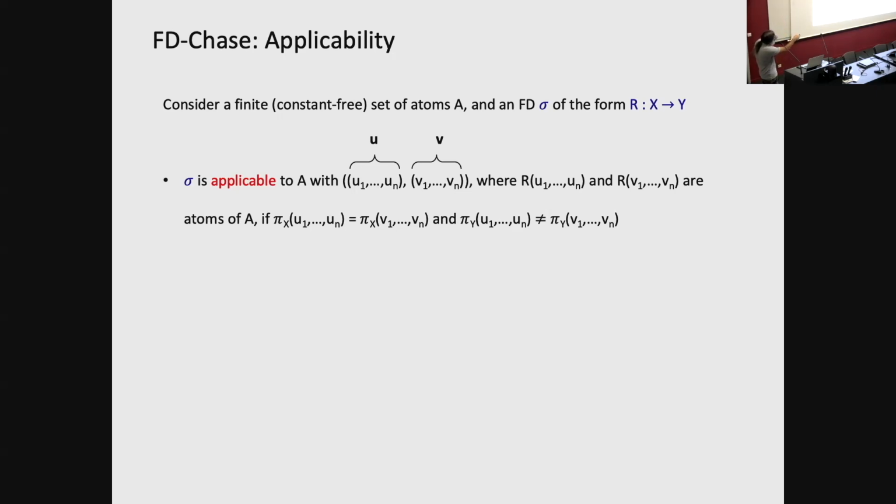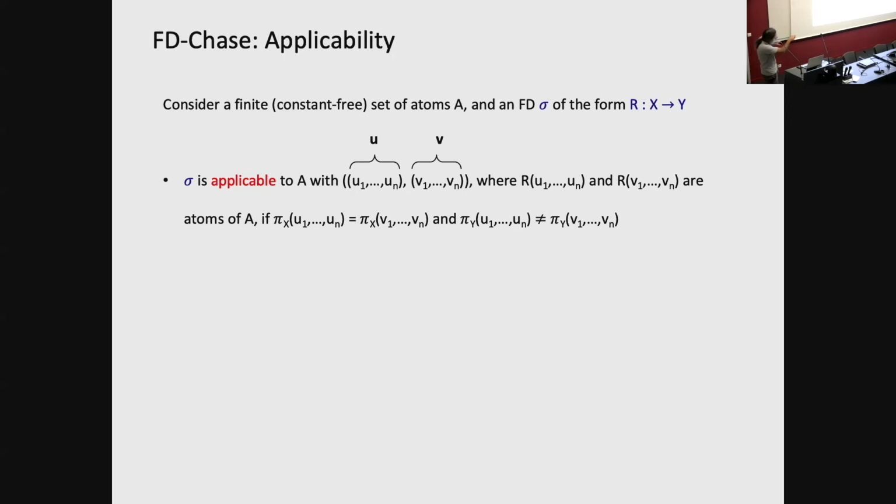So let's assume that we have this set of atoms A and a functional dependency of the usual form. Now, what do we say here? We say that sigma is applicable to this set with this pair of tuples, U and V, where U and V are tuples in this R relation in A. Sigma is applicable to A with this pair of tuples when the projection of these two tuples over X is the same, but the projection over Y is different, which means that the pair U and V is a witness of the fact that A doesn't satisfy sigma.